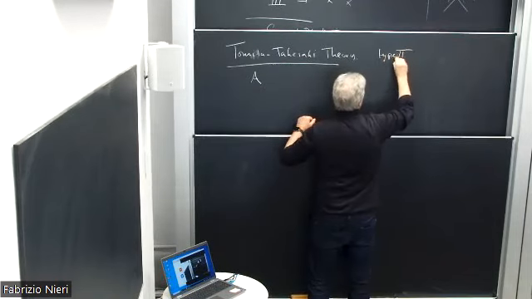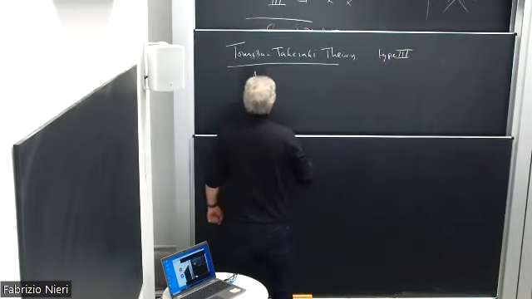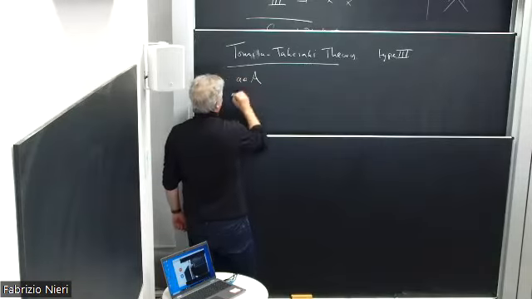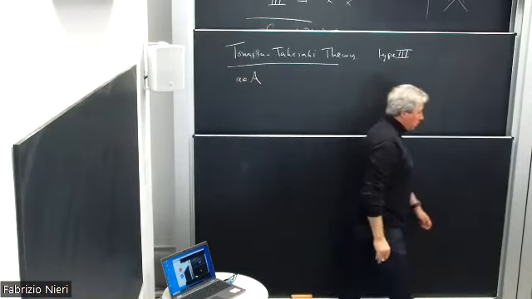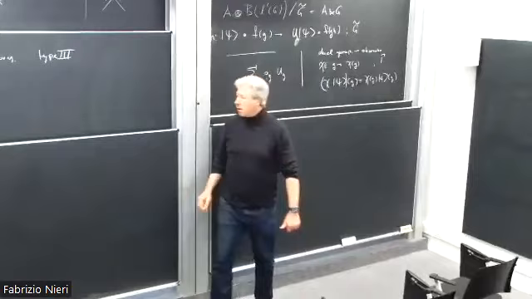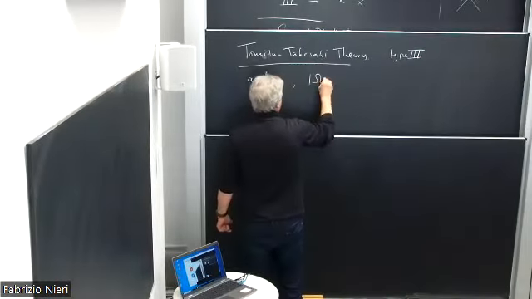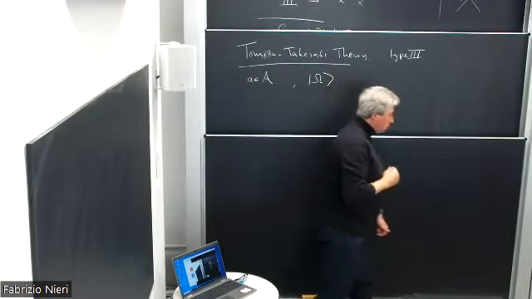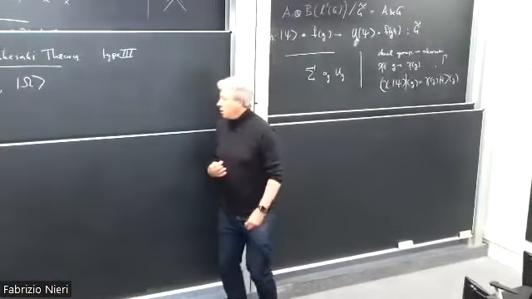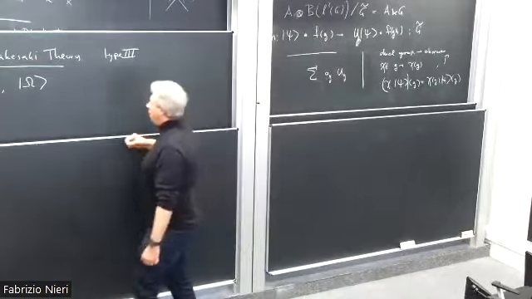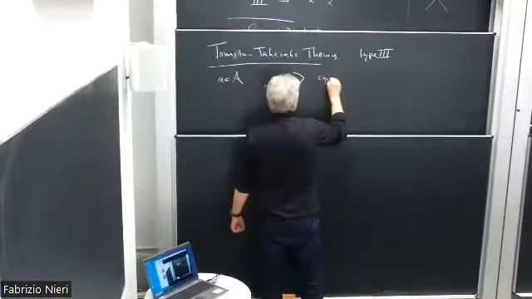So we're in type 3. And then we also are going to introduce a state, to be denoted by omega, which has two properties called cyclic and separating.